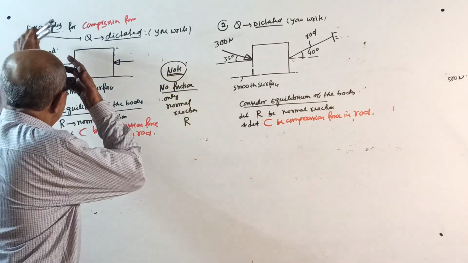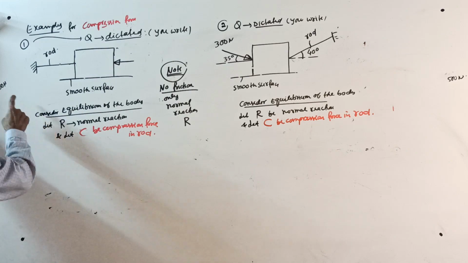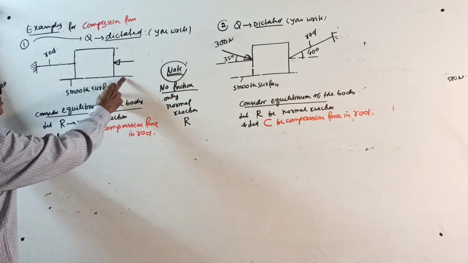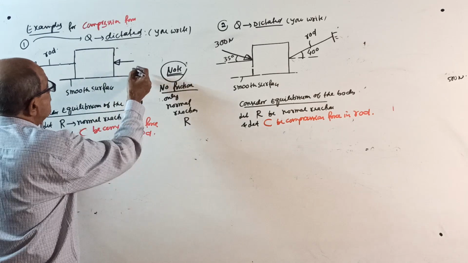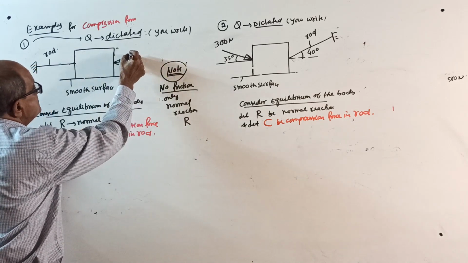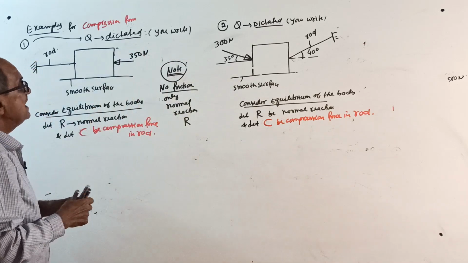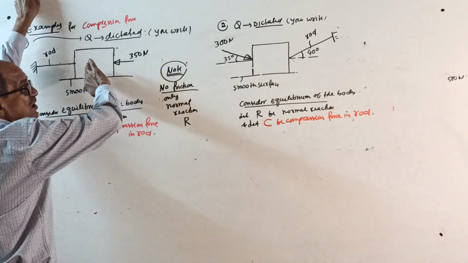A body weighing 600 Newton is placed on a smooth surface and a force of, say, 350 Newton is applied as shown in the figure. Okay, so somebody is applying, last time you were applying tension.